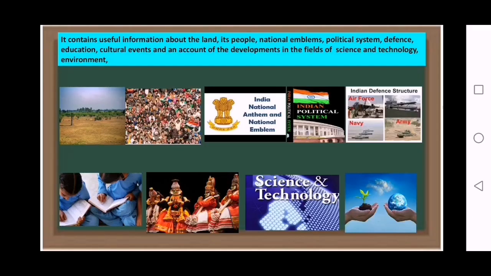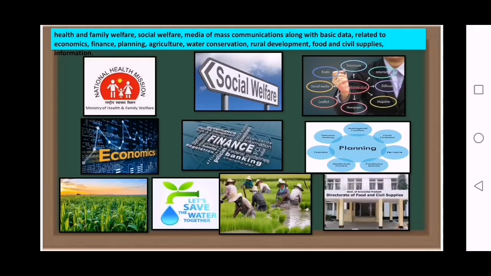Coming to this book, what it contains, my dear children, it contains useful information about the land, as you can see in the picture given below, one by one. Its people, national emblems, political system, defense, education, cultural events, and an account of development in the field of science and technology, environment.